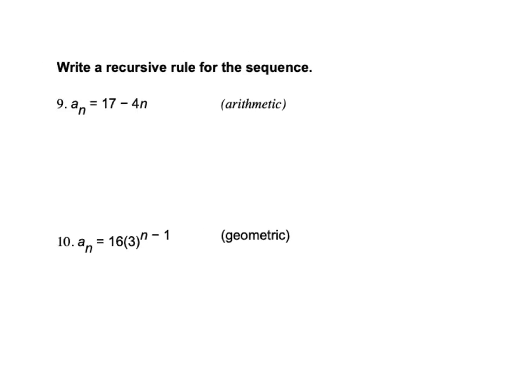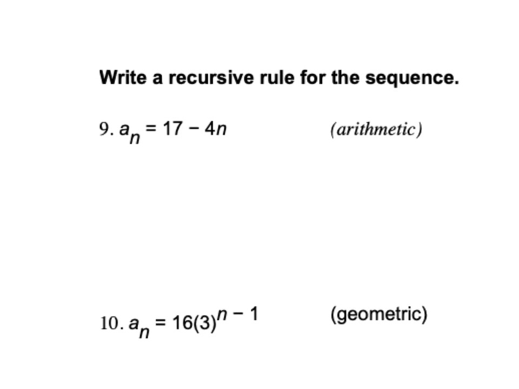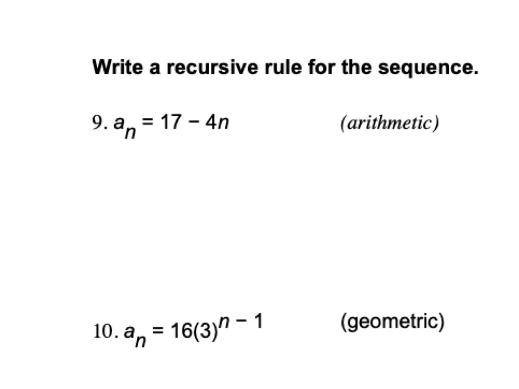Okay, now I'm starting explicit, and I am asking you to write a recursive rule. So if we have an arithmetic and we need to write a recursive rule, we need to know what our d is. Remember, d is just our coefficient of n, so that's -4. And a sub 1 is not 17. Remember, our a sub 1 is not that first constant there. Our a sub 1 is what we get when we substitute 1 in for n.